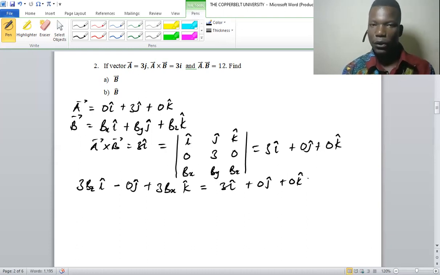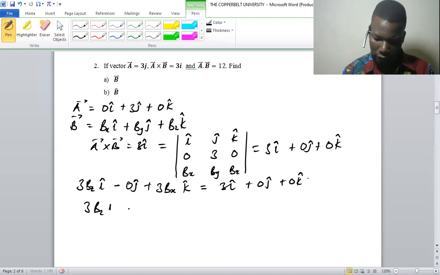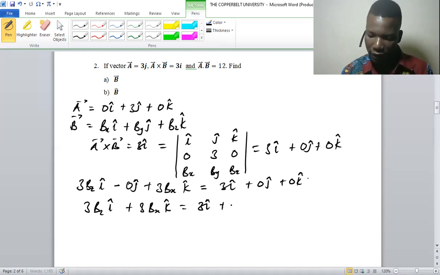So you need to know how to solve that cross product. So we have 3bz i plus 3bx k equal to 3i plus 0k.